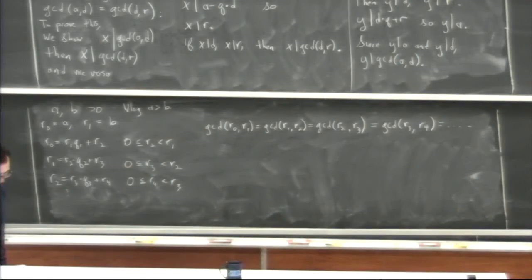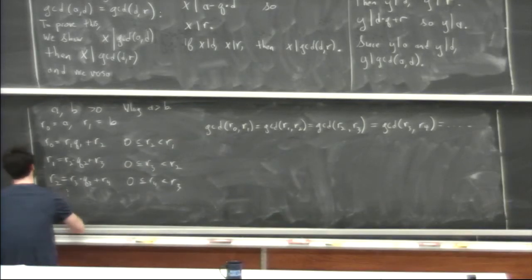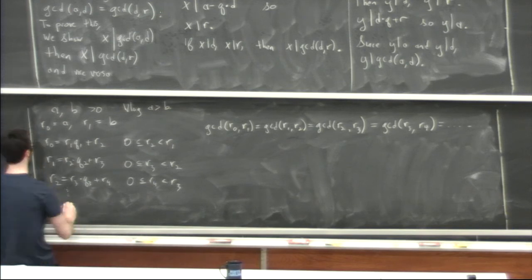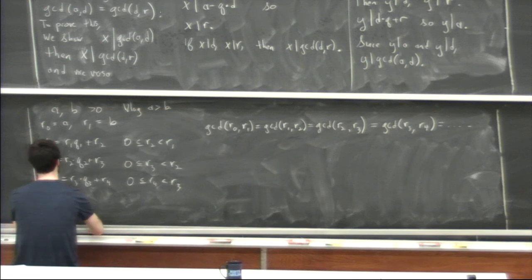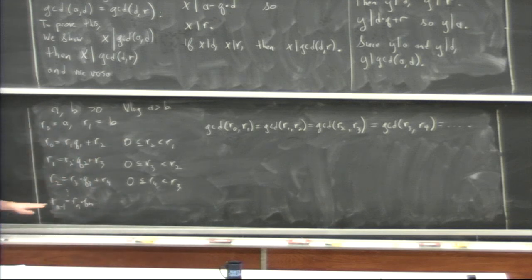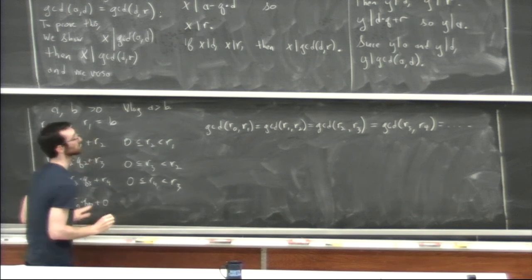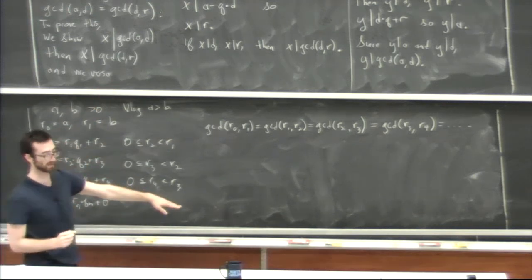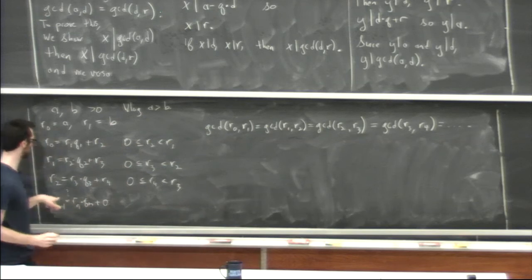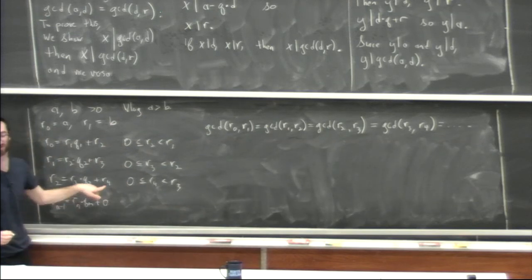We're eventually going to get an R, let's call it R_{n-1}, and this is going to be equal to R_n times Q_n, such that at this stage, there's going to be no remainder. So when we did our example, we hit this when we were looking at 14 being equal to 7 times something with no remainder.